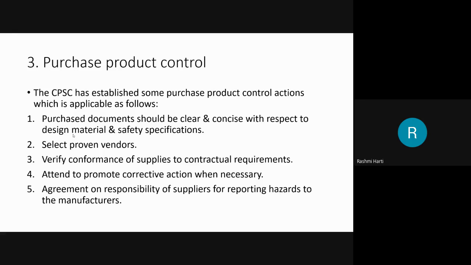Whenever a change is required, you have to have corrective actions. Then there should be an agreement on the responsibility of suppliers for reporting hazards to the manufacturer. If any hazard occurs, that report is to be sent to the manufacturer of that product, and immediate action has to be taken.